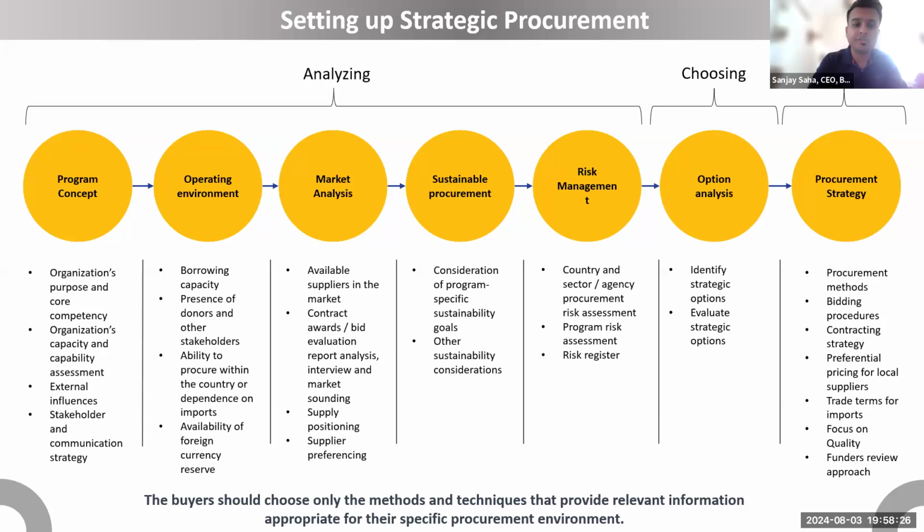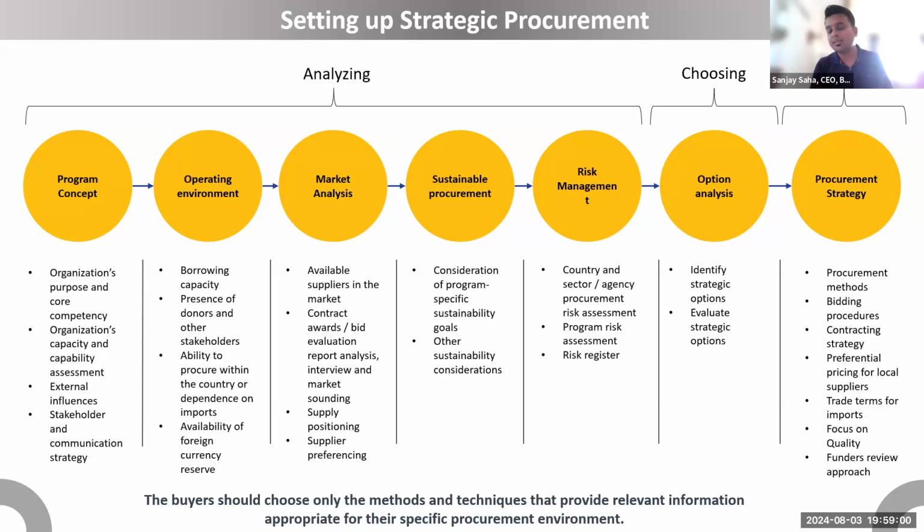Okay, so under choices, you see your own internal understanding, your core competencies, capacity, communication, stakeholder strategy, your borrowing capacity, inflations, currency exchange, availability of foreign currency, available suppliers in the market, supplier positioning, supplier preferencing, giving preference to local suppliers, for example, then having sustainability goals, then managing risks.